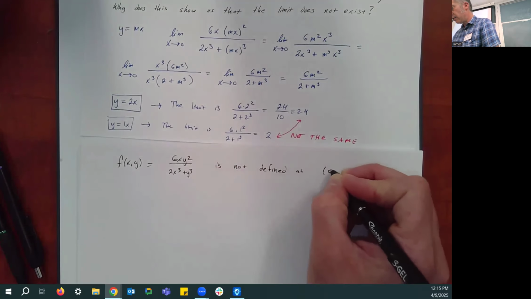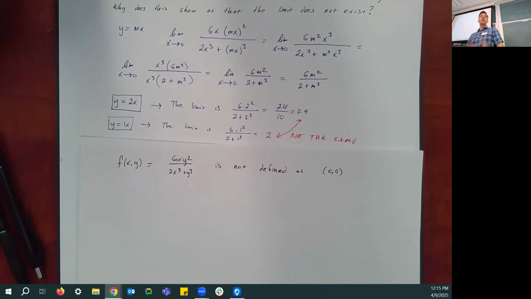And to be continuous somewhere, the function has to be defined there. That's one of the requirements.